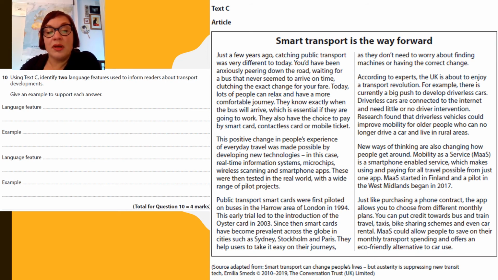Now, it might be one of the ones that we mentioned before, and it might be something else, but make sure that you focus on language features to inform readers about transport development, not just any language feature. So again, what you can do now is pause the slide for 10 minutes, maximum, and then check your answer on the next slide.